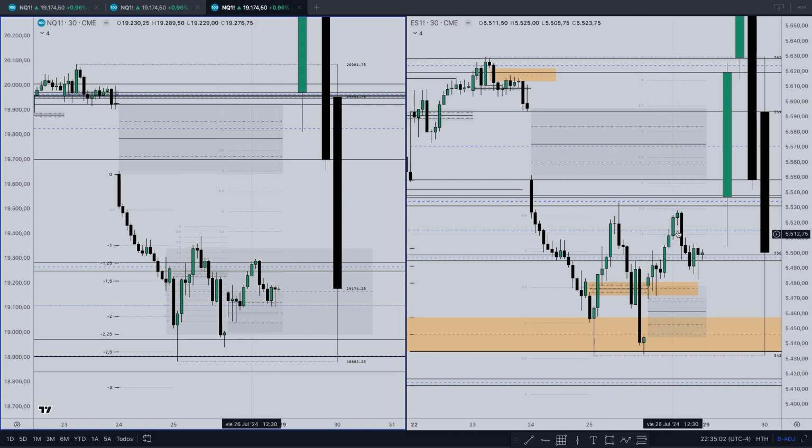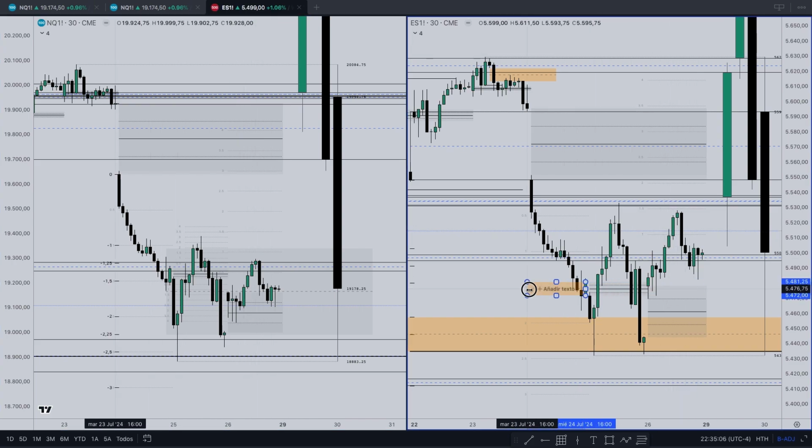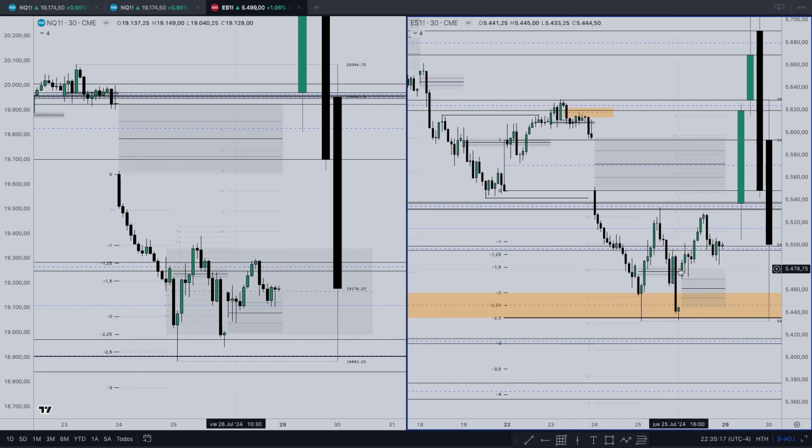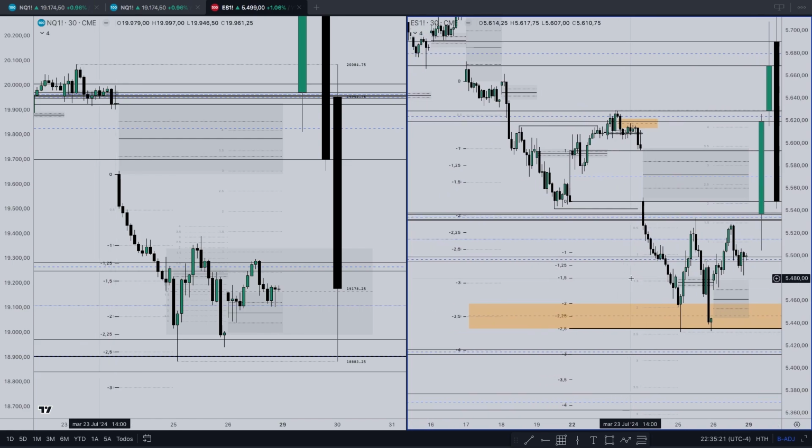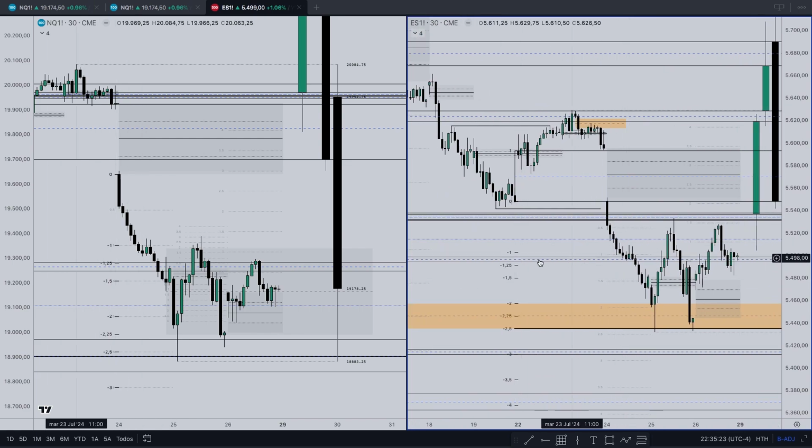So on Friday, ES was better for longs, only using this gap confirmation, as we were not trading just below this gap in Nasdaq here. Beautiful.